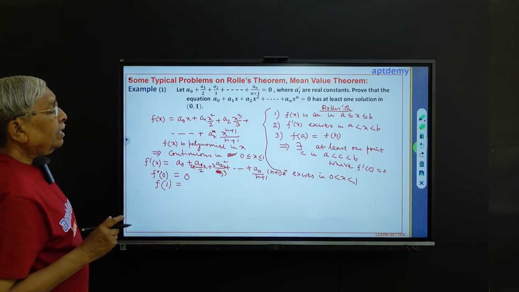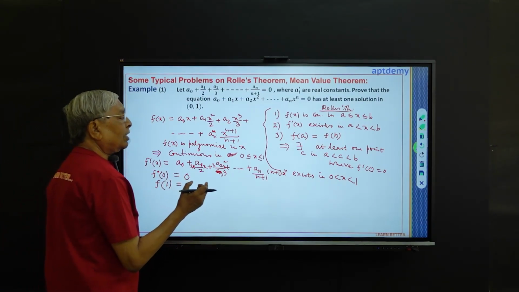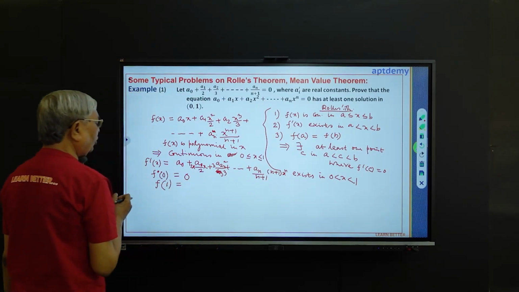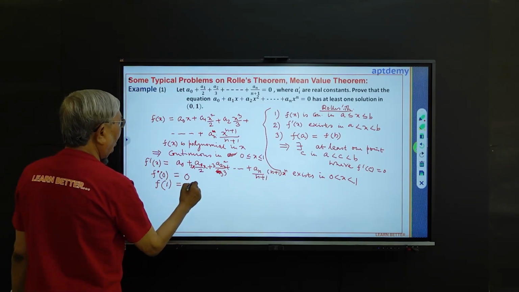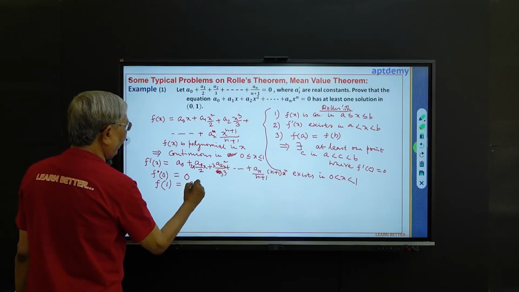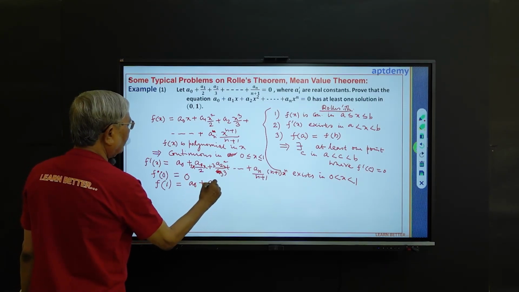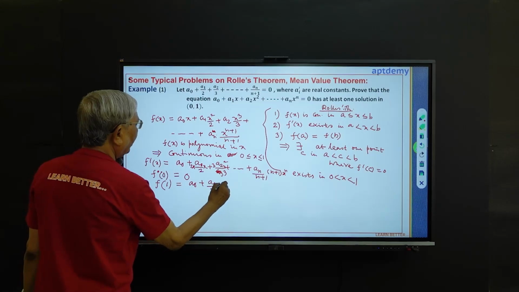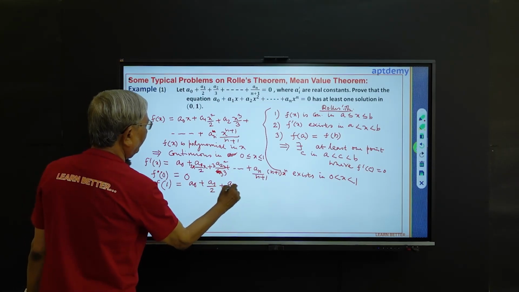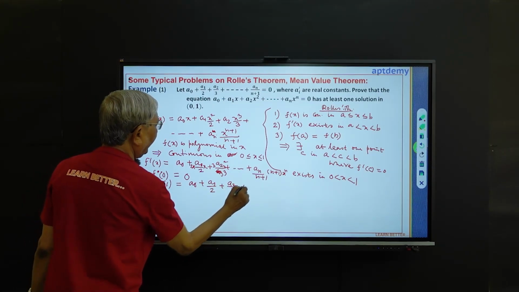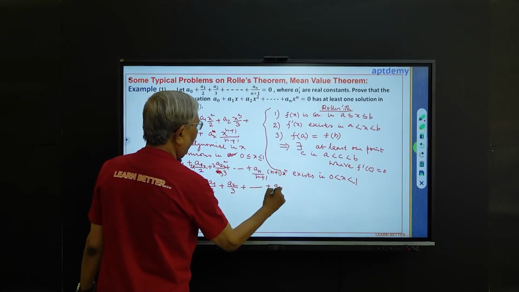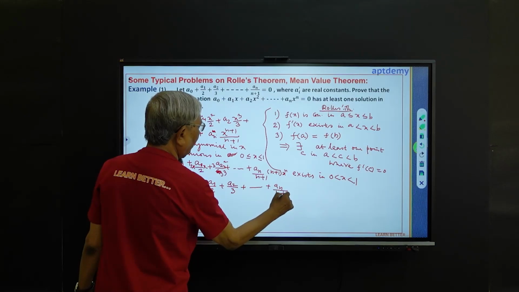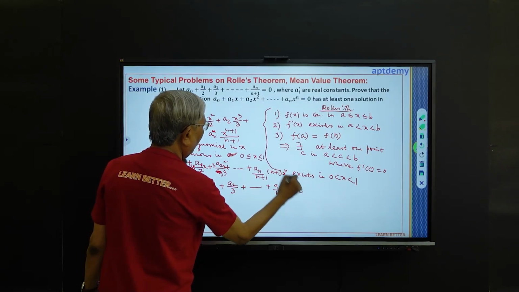Next we find the value of the function at the extreme points. f(0) is equal to 0, and f(1), if you put x equal to 1, we get a0 plus a1 by 2 plus a2 by 3, up to an by n plus 1, and we know by the given condition that this is equal to 0.